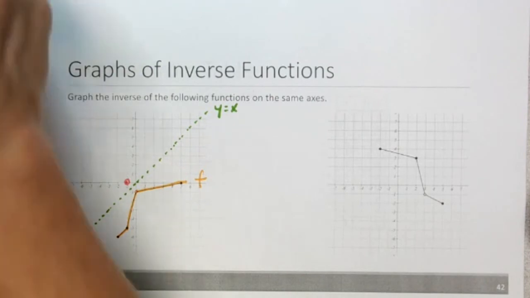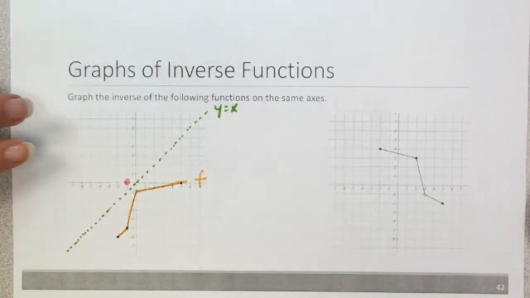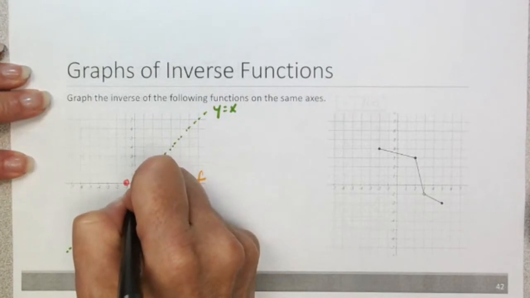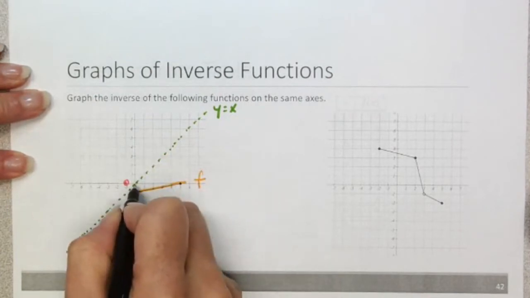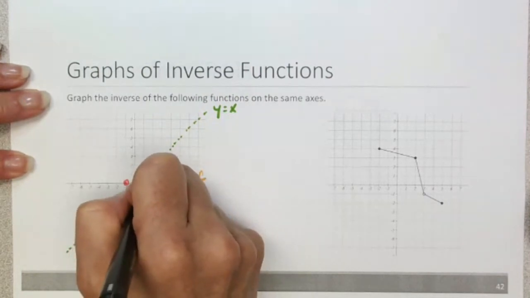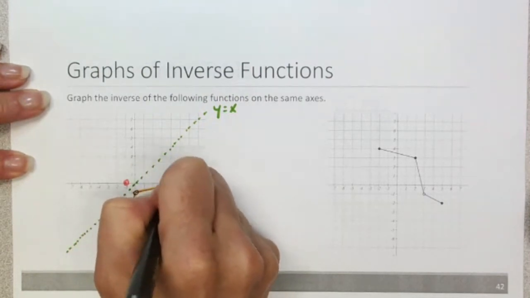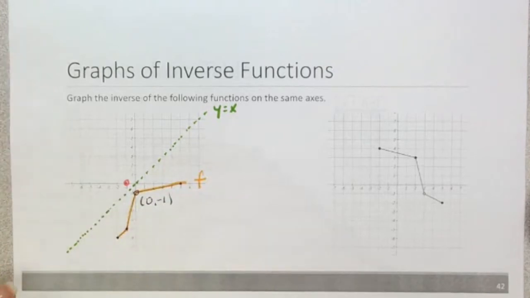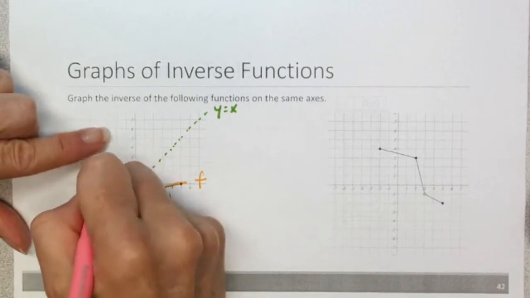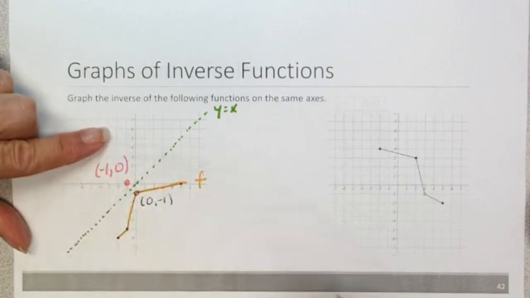But if I want to know for sure, I should do this. This point here, that open circle point that reflects over to that pink point I just drew, has the coordinates 0, -1. Okay, x is 0, y is -1. The reflected point over here has the coordinates, look, -1, 0.